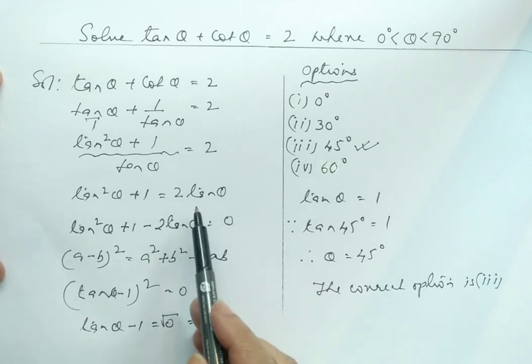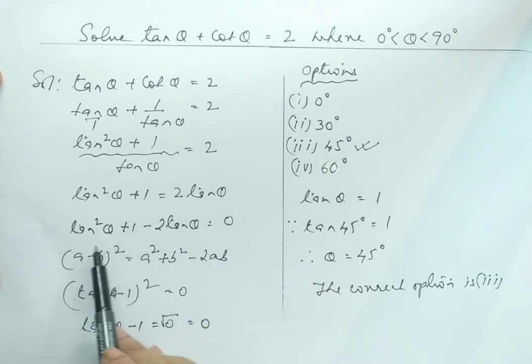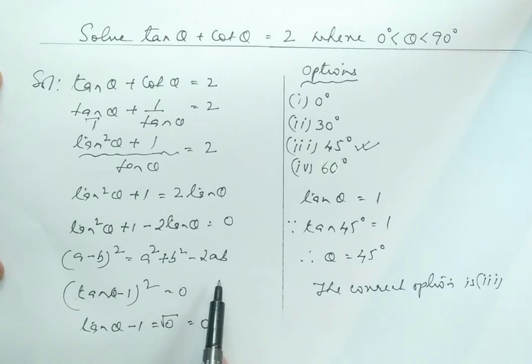Then deliberately we pull this inside and this becomes a replica of one kind of an identity which we are very much familiar with. So we settle with this, that tan theta minus 1 whole square is equal to this entire thing. When we simplify, we take this to the other side as a square root, we get a 0, which means tan theta minus 1 equals to 0.